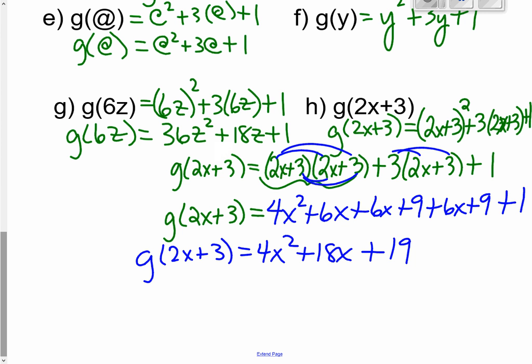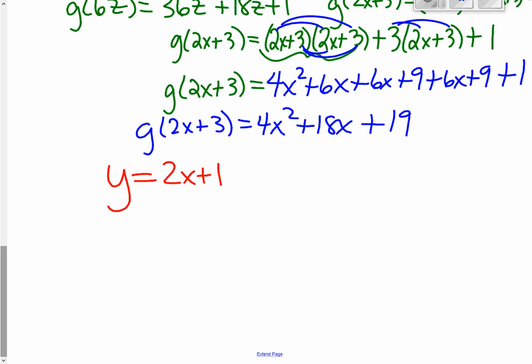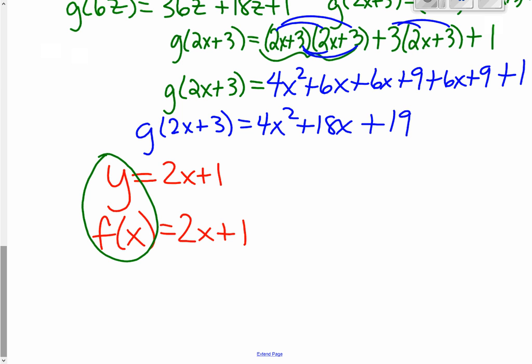All right. So all I want you to realize is that when you have some kind of function, instead of writing it as y equals, let's say 2x plus 1, you're going to notice that a lot of your functions are going to be written f of x equals 2x plus 1. Even though we've replaced the y with an f of x, this means the same thing.